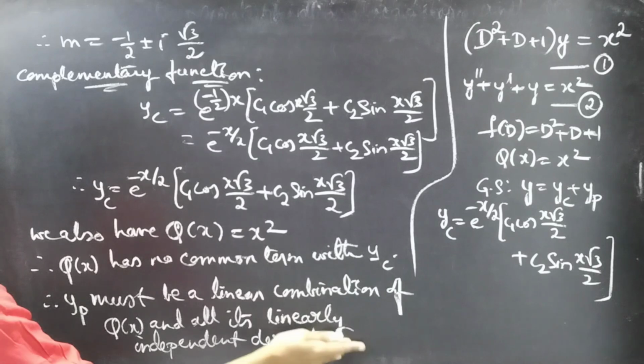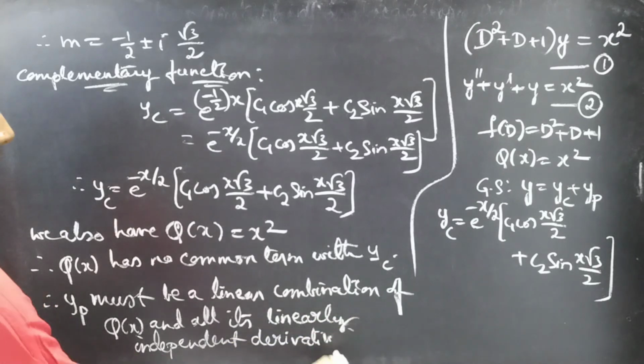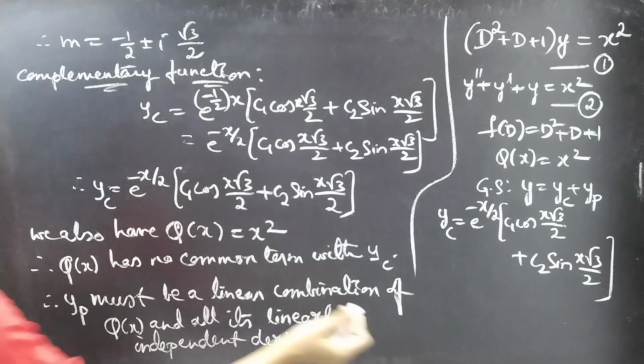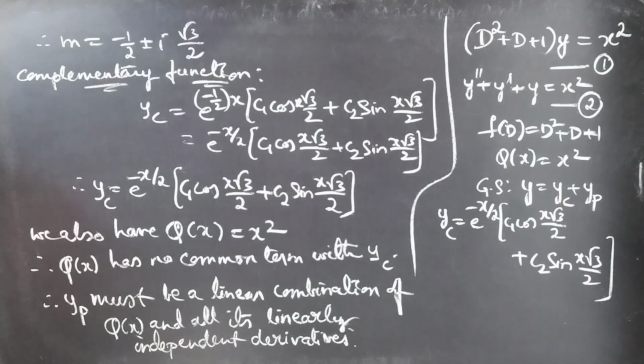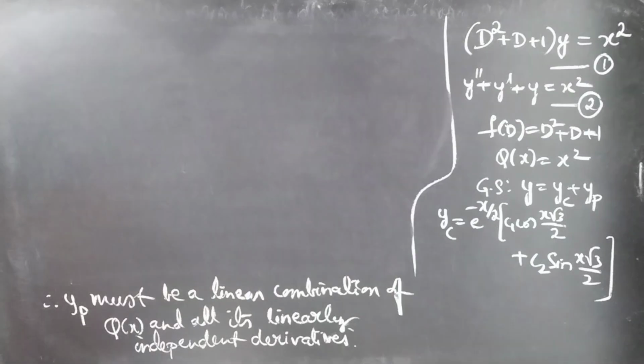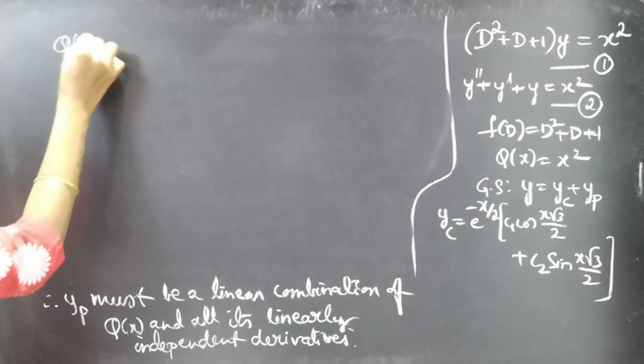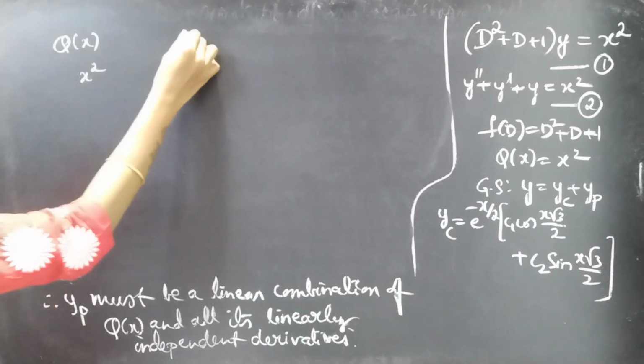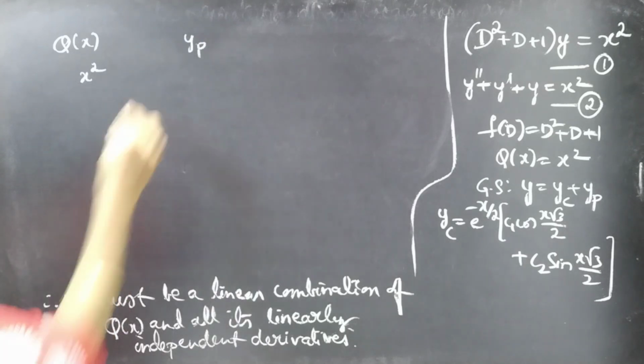Okay. Fine. So let's see the formula of yp. Okay. When q of x equal to x square, then yp will be, I am writing the direct formula, okay.